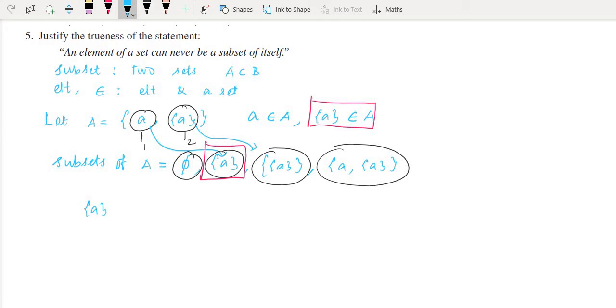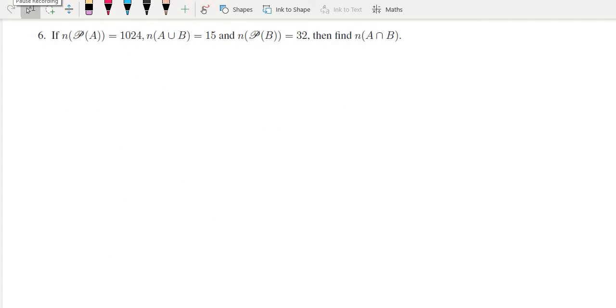Singleton A is an element of our set capital A, and it is also a subset of our set A. So in this case, this element is a subset of the set. So the statement, an element of a set can never be a subset of itself, is a false statement. In some cases this statement can be true, and in some other cases, the statement can be false as well.